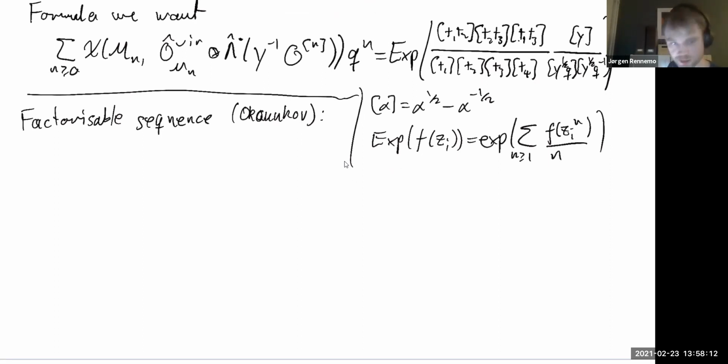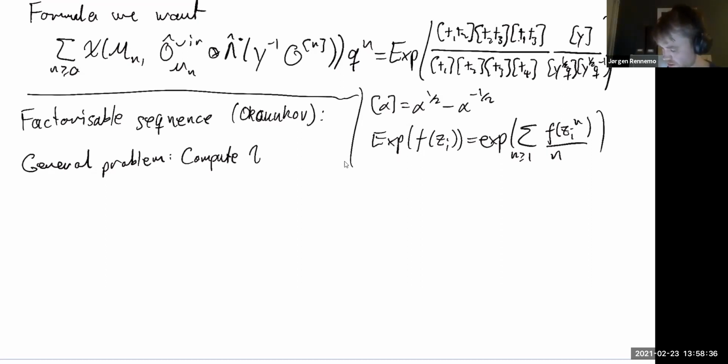So let me try and just briefly say how I think of this. The general problem being to compute Euler characteristics of sheaves Fi.